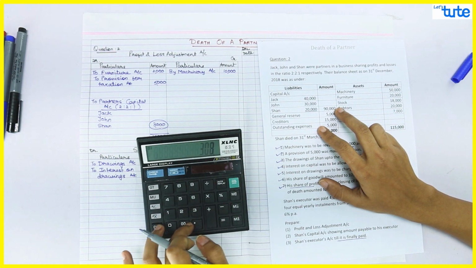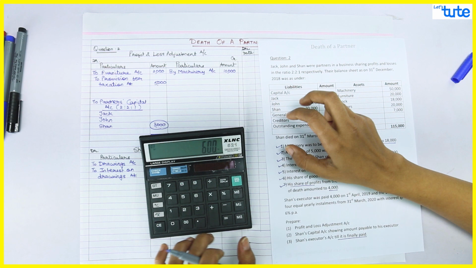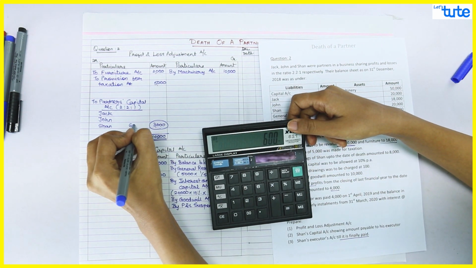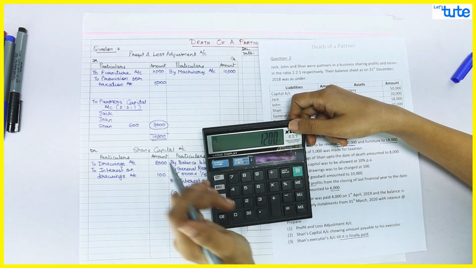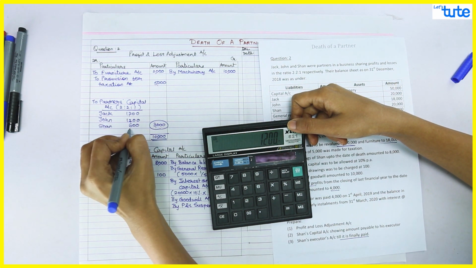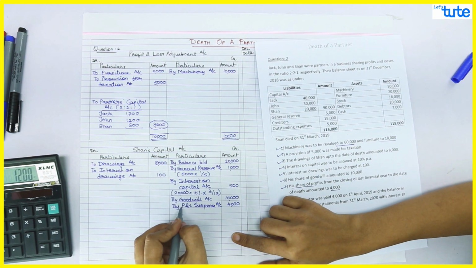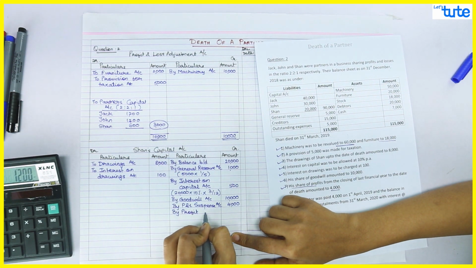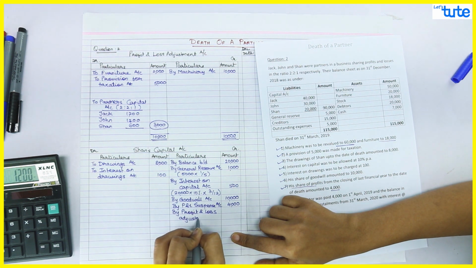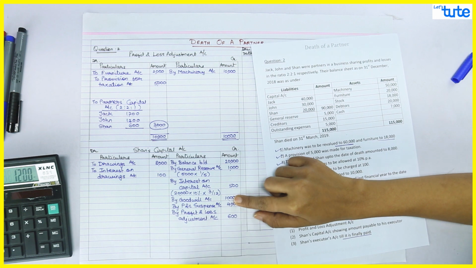So 3,000 divided by, so this is 2:2:1, 5. So that comes to 600 into 2, that comes to 1,200 and 600. Give this share to Shan by profit and loss adjustment account, and their share comes to 600.